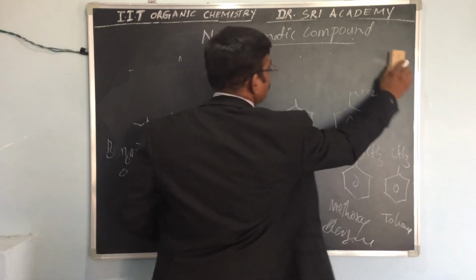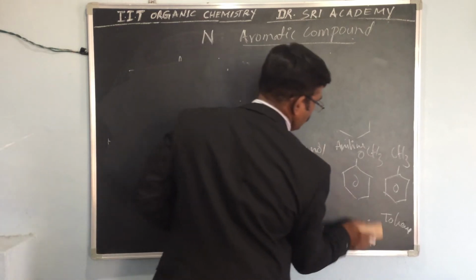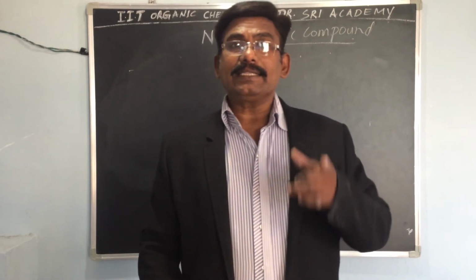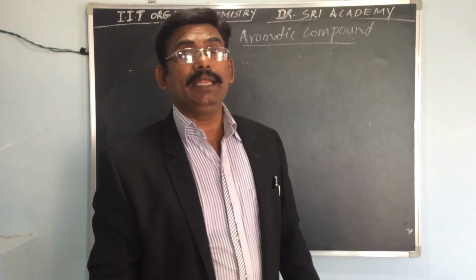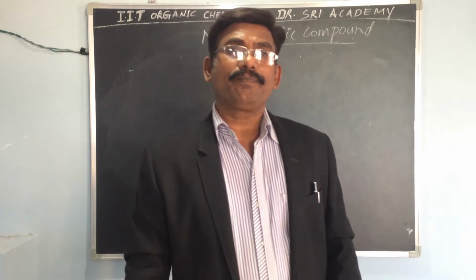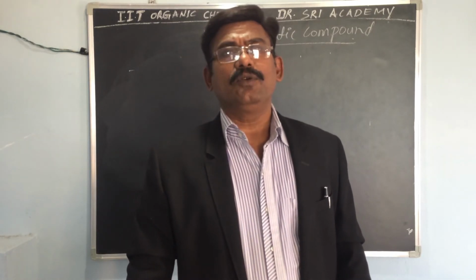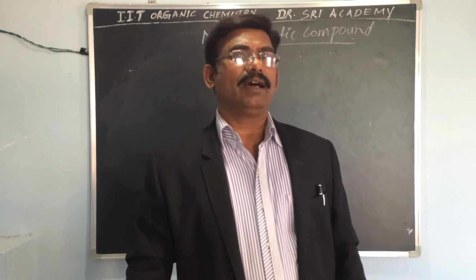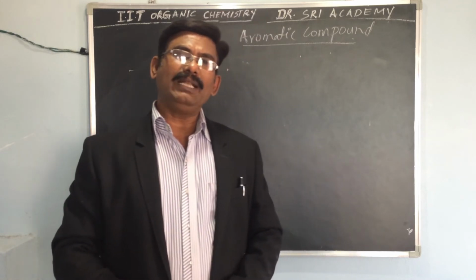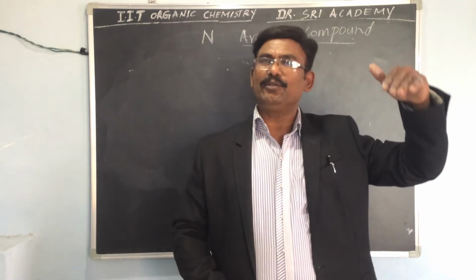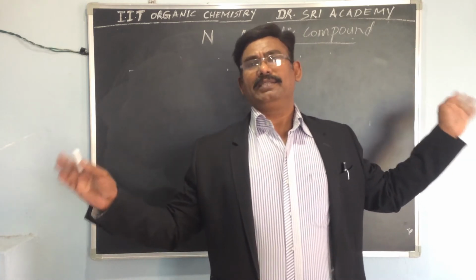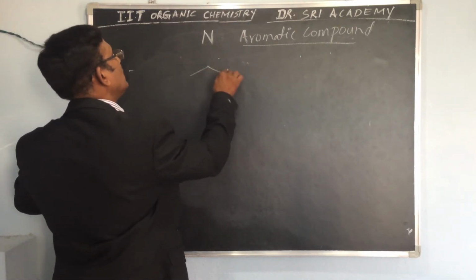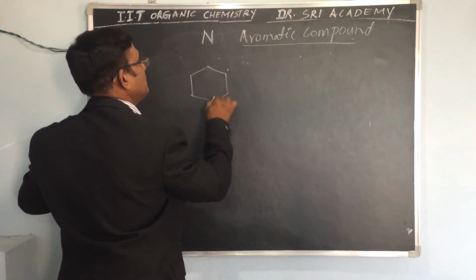Disubstituted means here, in disubstituted, only three possibilities are there: the meta position, ortho position and para position. Only three possibilities are there because of the benzene ring. So the positions you must learn before using the disubstituted.